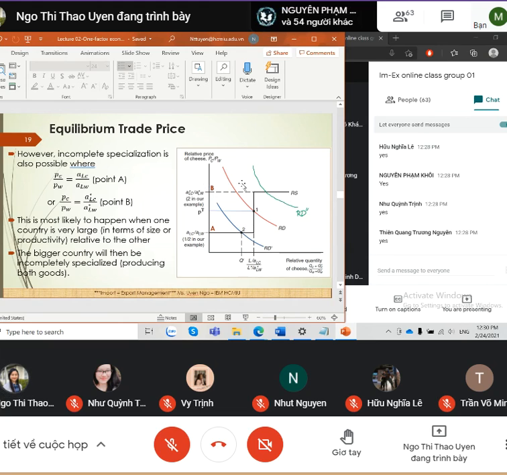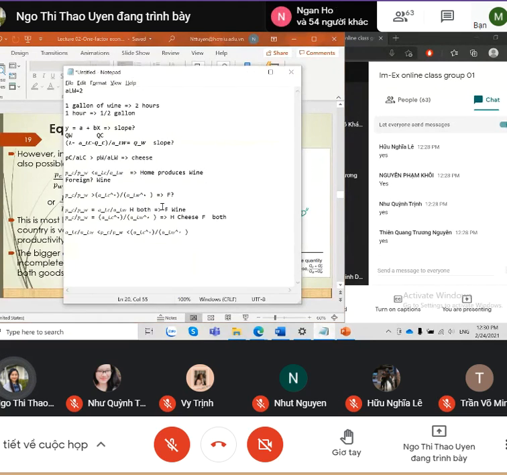But if the supply curve and demand curve cut each other at point A or B, exactly here, we call that incomplete specialization. Why? Remember, a few minutes ago we talked.